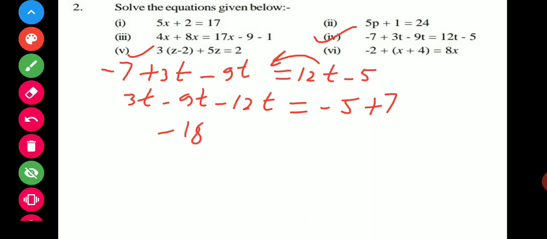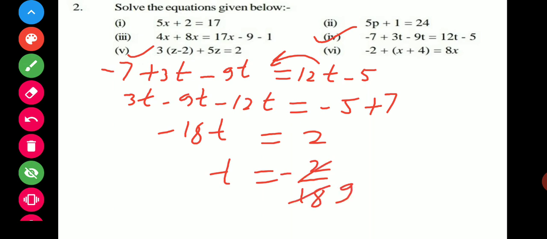It is minus of 18t. And here is 2 only, so t is equal to 2 upon 18 with minus sign. So 2 1s are 2, 2 9s are 18. So value of t is equal to minus 1 upon 9, and that is your answer.